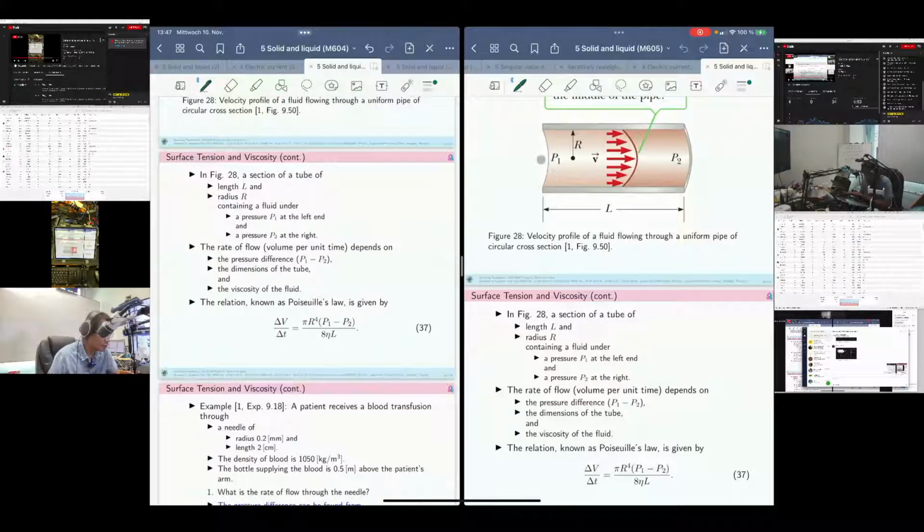If the pipe is large, the fluid would flow very well. You may have observed that in the place where you live, if they have provided a bigger pipe of water, you would have better flow of water, and that's also the reason why the rate of flow depends on the dimension of the tube.